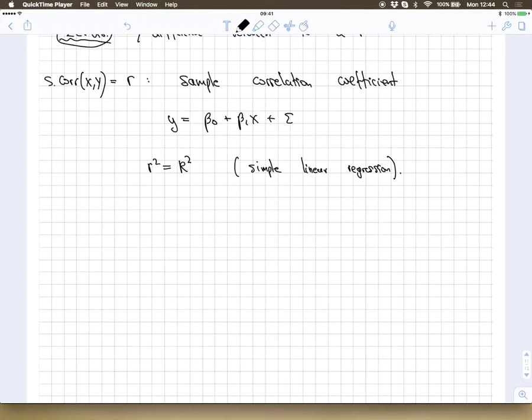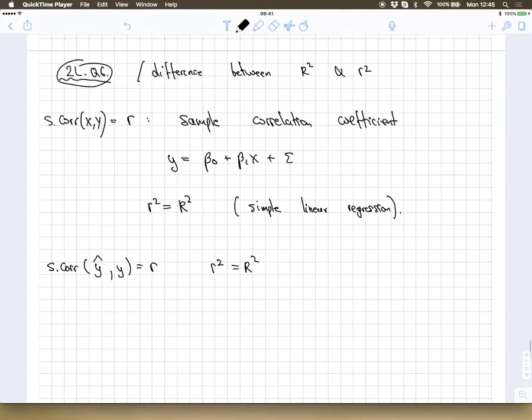Then how does this sample correlation and R square relate with the two? Well, here's how they relate. The sample correlation of y hat, the fitted value, and y will be equal to R, such that R square is equal to this. So now you're doing the correlation coefficient between the fitted values and the y. Okay? That's what you're really doing over there.